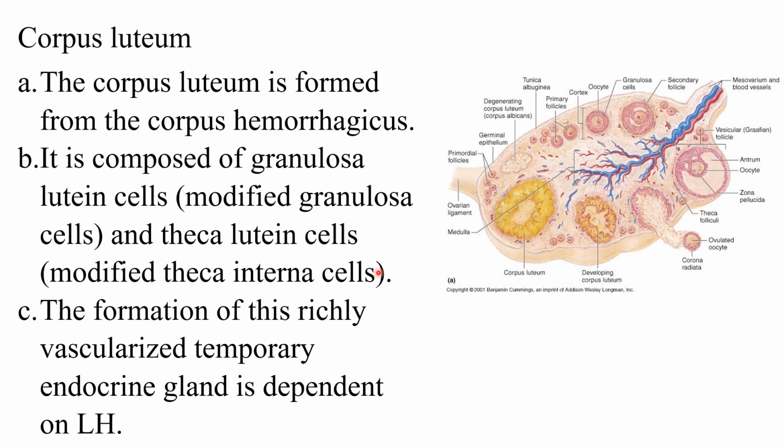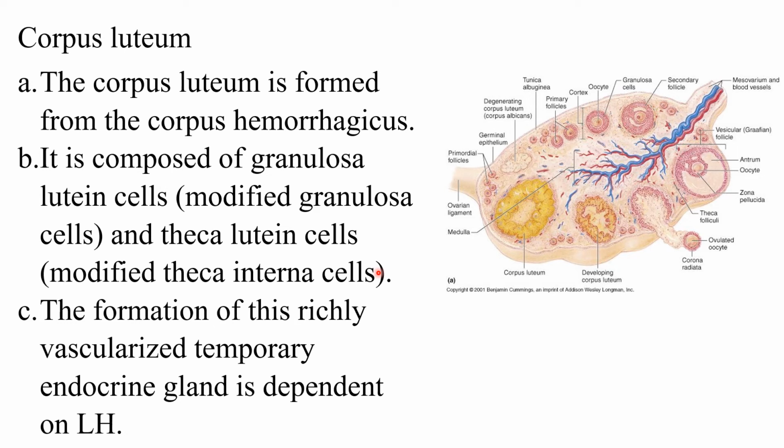Once the ovum is expelled out of the Graafian follicle, the granulosa cells, theca externa cells, and all other cells of the Graafian follicle which remain are now termed as corpus luteum.